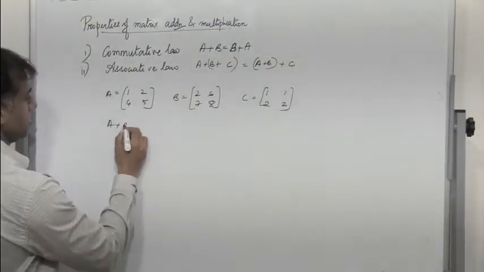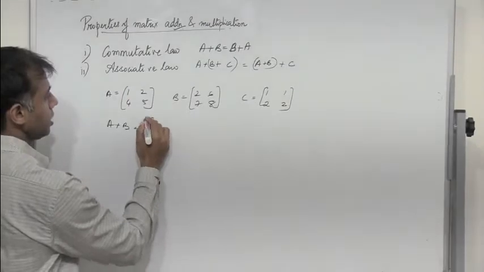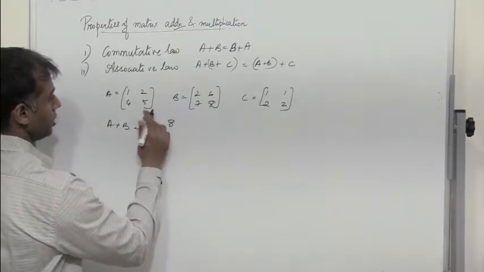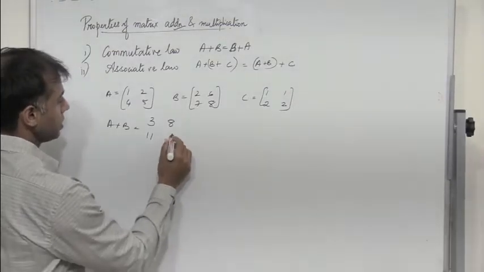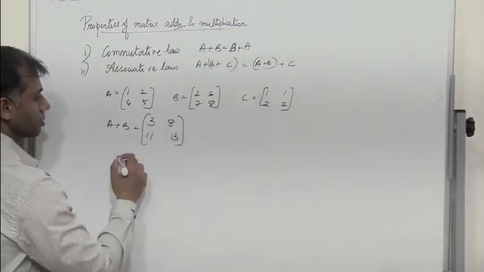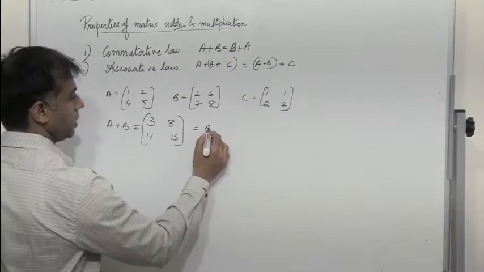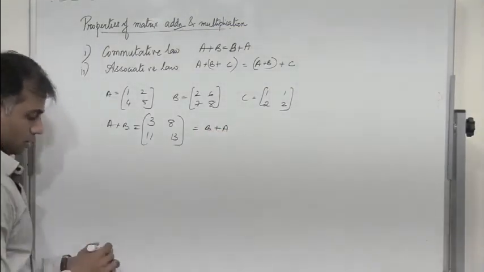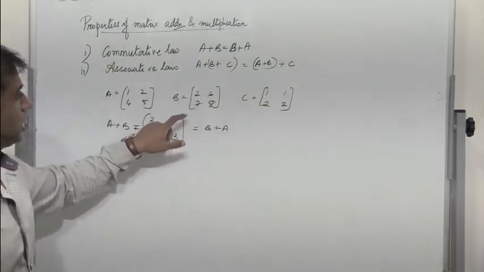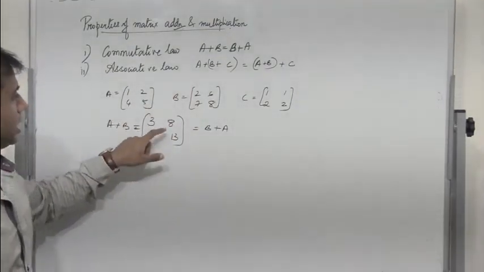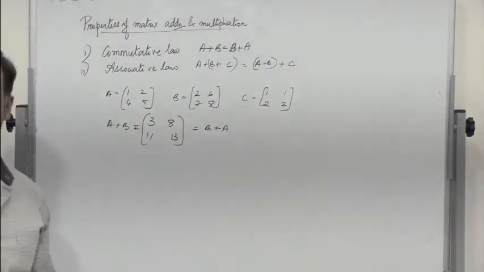So what is A plus B? 1 plus 2 is 3, 2 plus 6 is 8, 7 plus 4 is 11, and 8 plus 5 is 13. And what is B plus A? 2 plus 1 is 3, 6 plus 2 is 8, 7 plus 4 is 11, 8 plus 5 is 13.